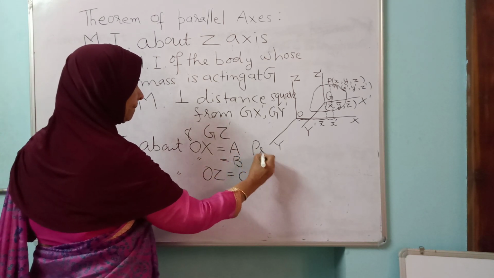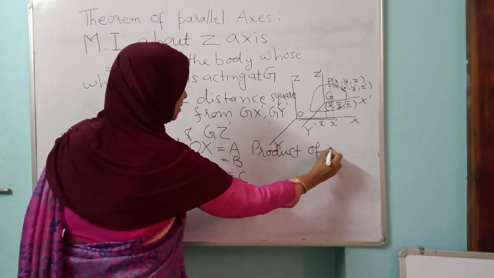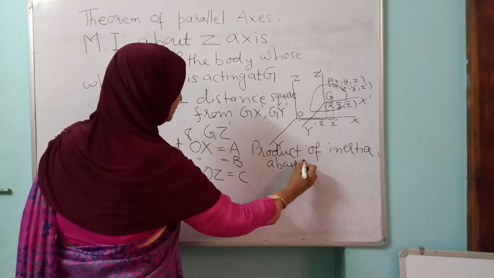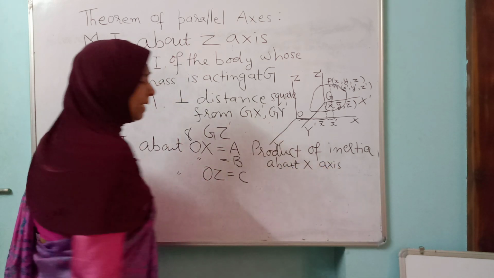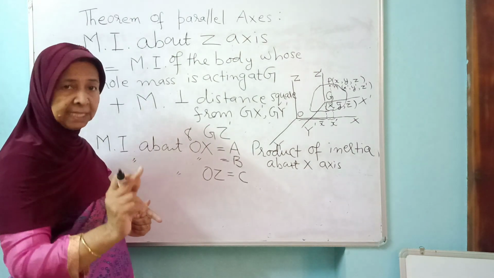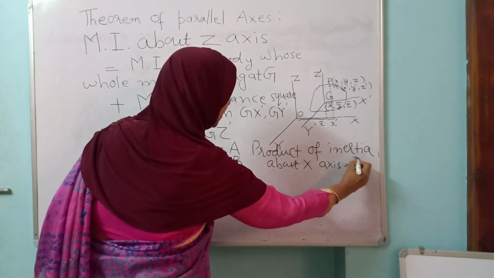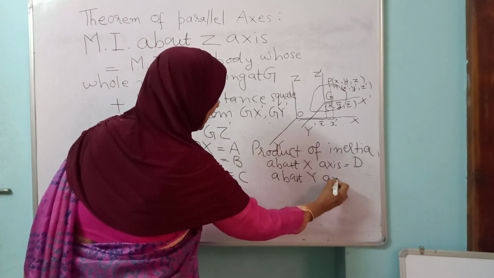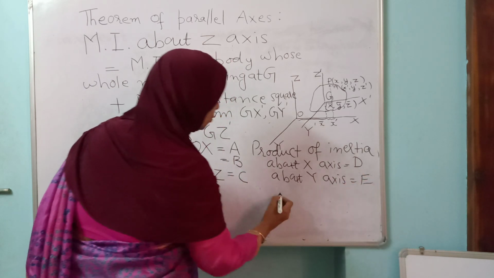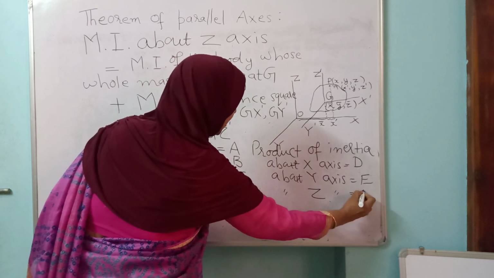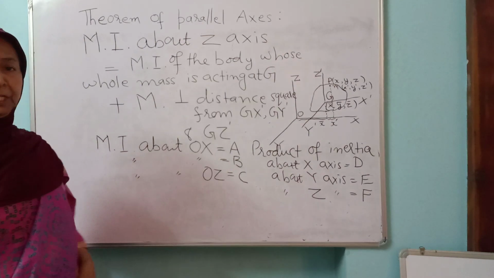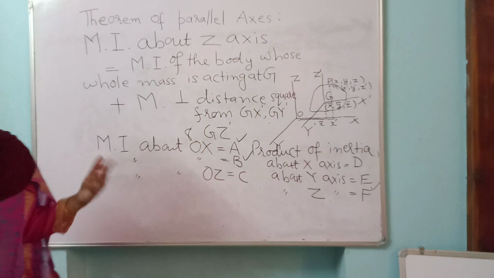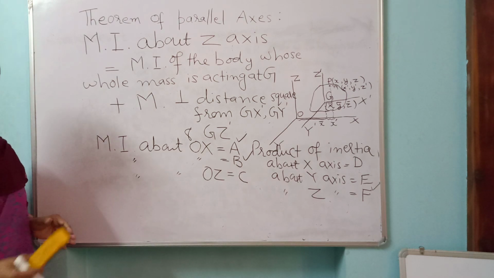The product of inertia about the x-axis means summation yz, and it is given by D; about the y-axis it is given by E, and about the z-axis it is given by F. So if it is a case of 2 dimensions, then only these will come, but if it is a case of 3 dimensions, then all these 6 quantities will come.